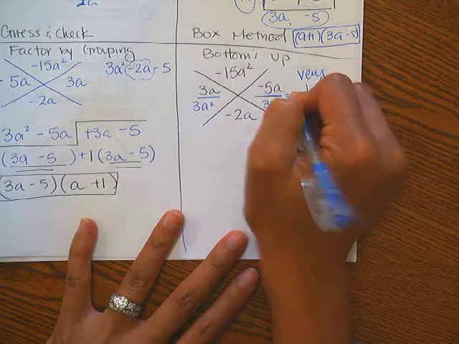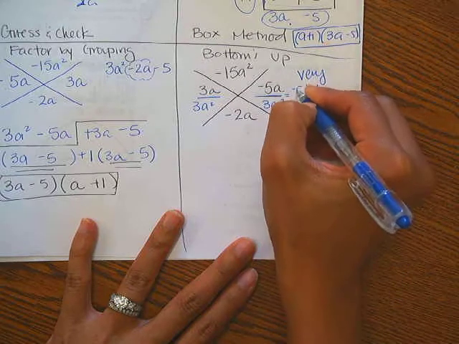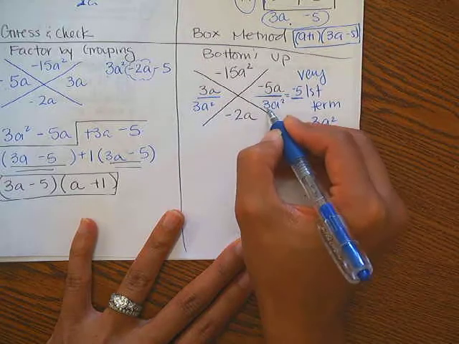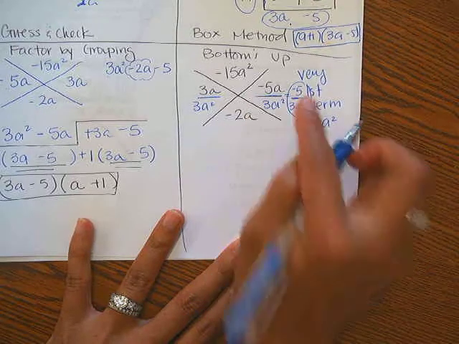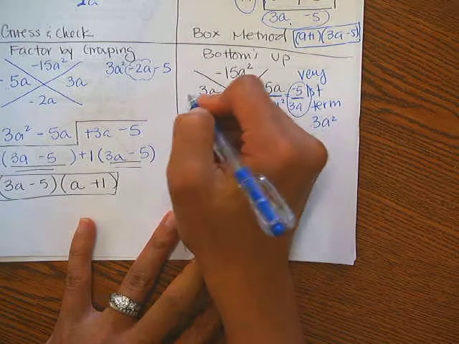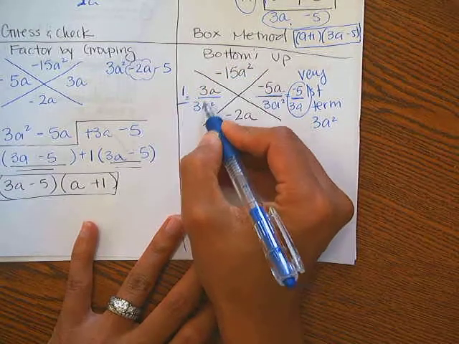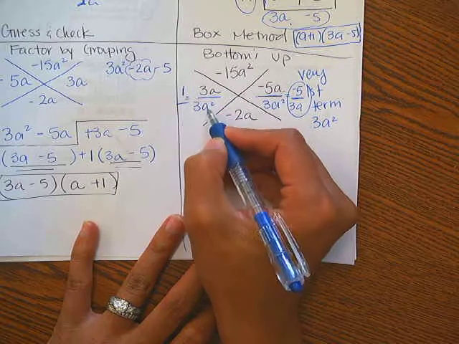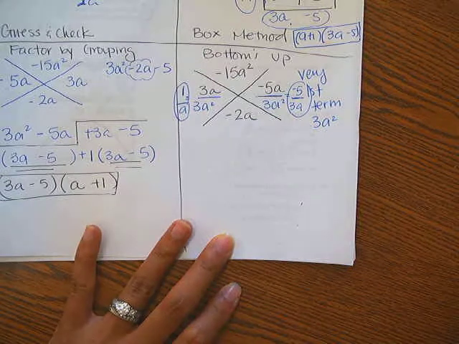So this reduces down to the a and the a. One of them is going to cancel, so you just have negative 5 on the top, and then we have 3a on the bottom. Over here, it looks like I can reduce the 3 and the a, so 1 is on the top, because 3 divided by 3 is 1. And then a squared and a, I have 1a in the bottom. So that's what it reduces to.